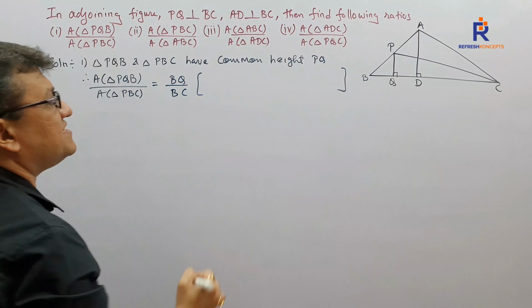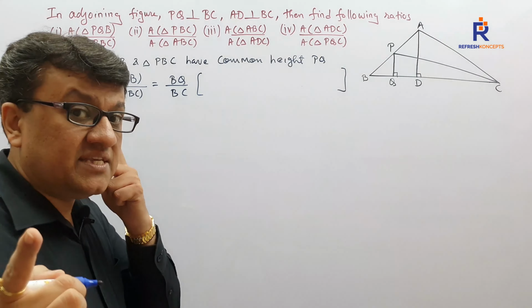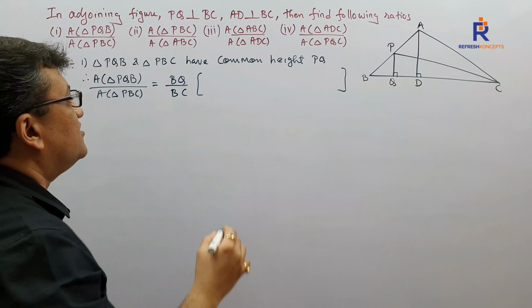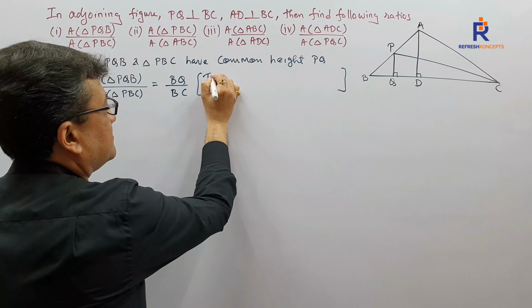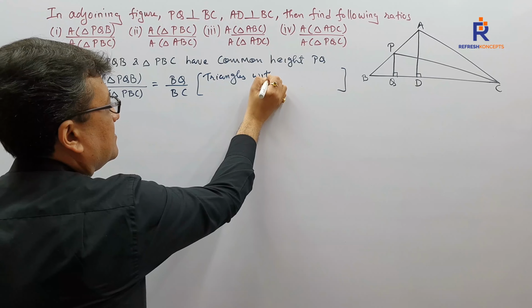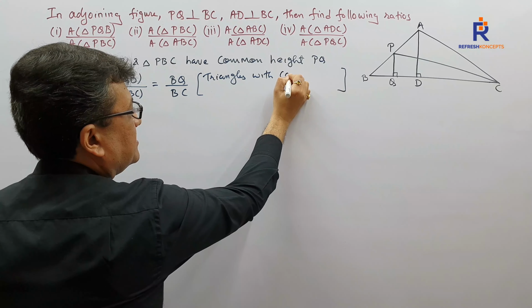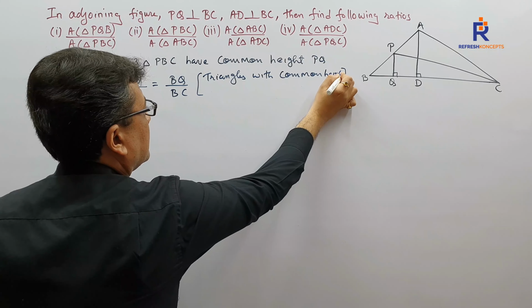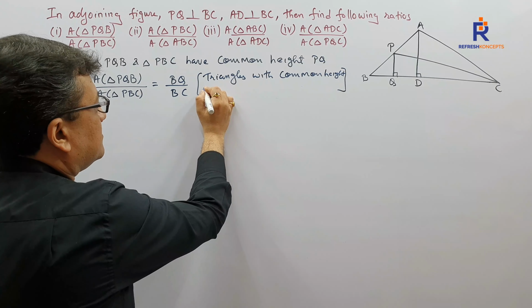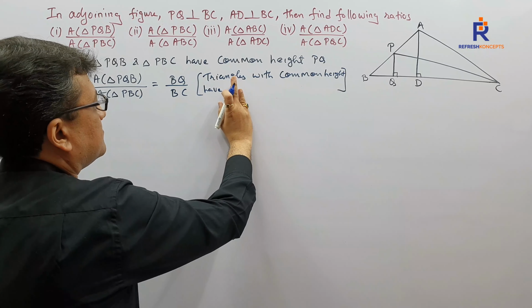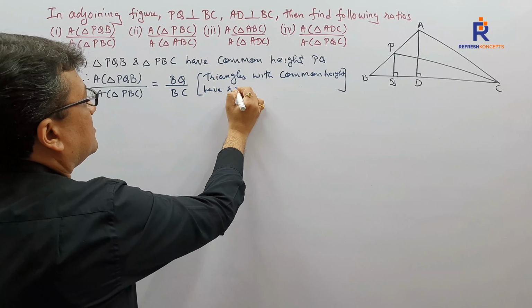I shall write down which reason, children. Property 1A, B, C, D. They have equal height, common height, 1C. So what I'll write down? Triangles with equal height or common height have areas, ratio of areas.